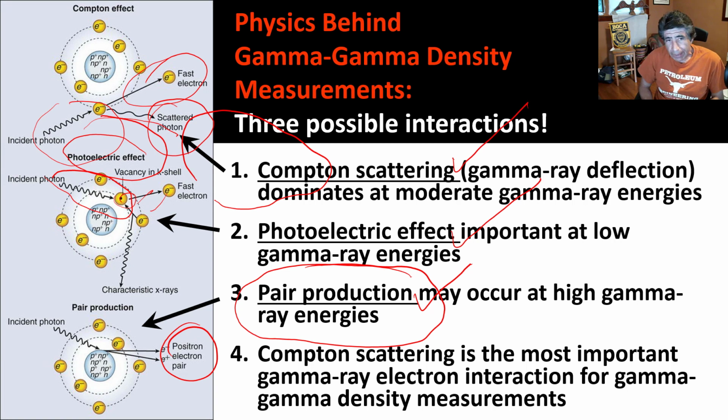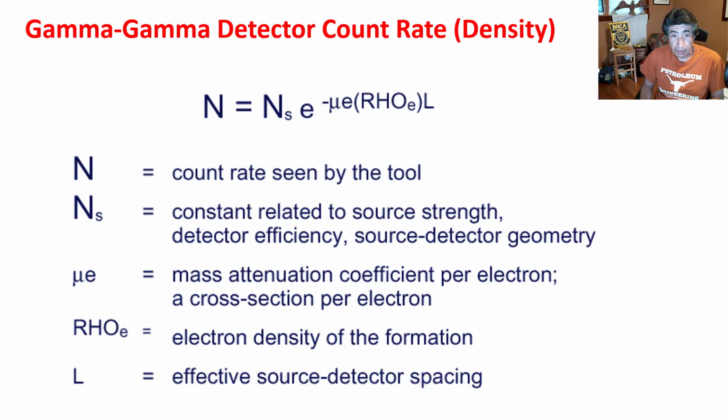So essentially, the count rate decreases in dense materials because many of those gamma rays are absorbed in the medium by way of the photoelectric effect. They can continue to live, so to speak, but they lose energy as they undergo Compton scattering interactions. So they lose energy until they're finally absorbed via the photoelectric effect.